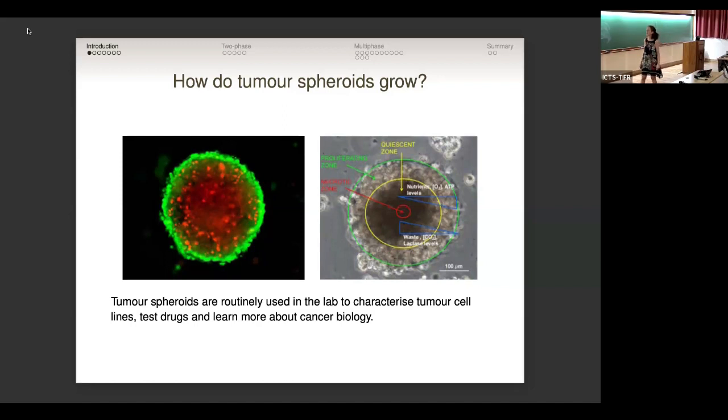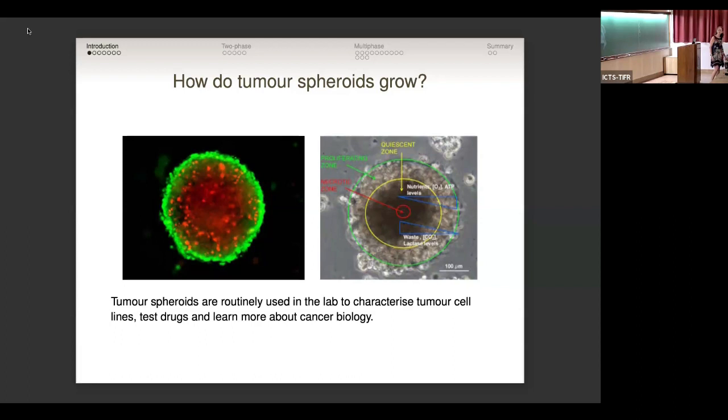The typical dogma is that we supply nutrients in the culture media surrounding our clusters of tumour cells, nutrient diffuses in and enables them to proliferate, so the spheroid gets bigger. As the spheroid gets bigger, the amount of nutrient reaching the center decreases, so the cells there have less energy to proliferate, eventually insufficient to remain alive, and so they will become dead or necrotic.